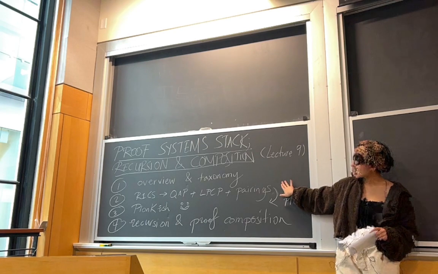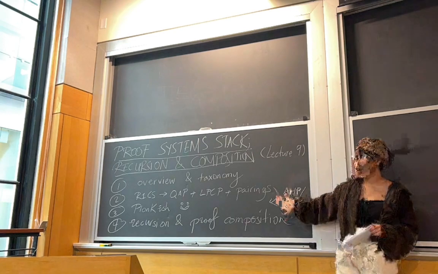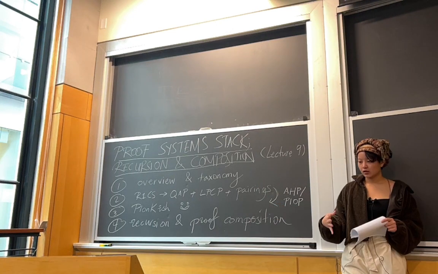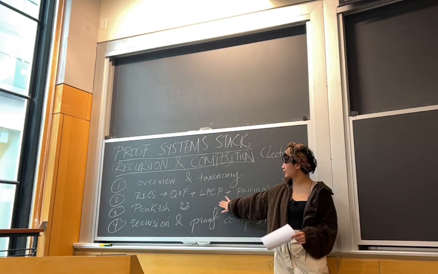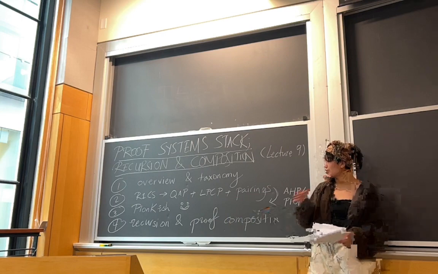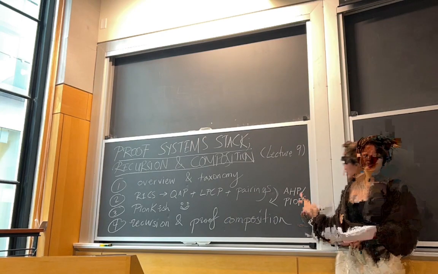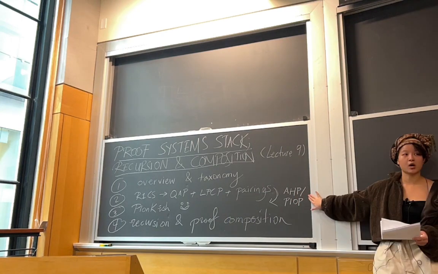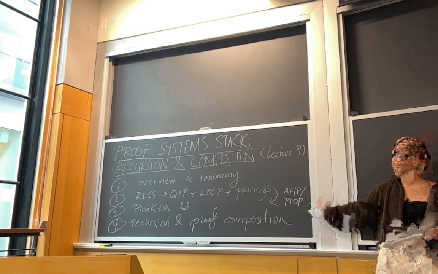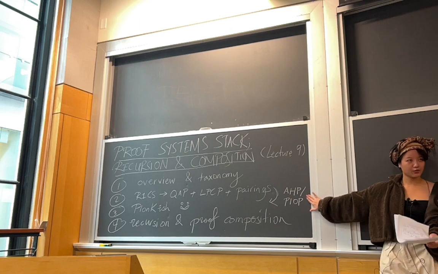So we're going to, from there, progress to the modern proof system stack, which is a significant part of it is based on something called the Plonkish IOP and Plonkish arithmetization. So we'll see here with the introduction of the information theoretic model known as the algebraic holographic proof or the polynomial interactive oracle proof, and we'll explain these terms.